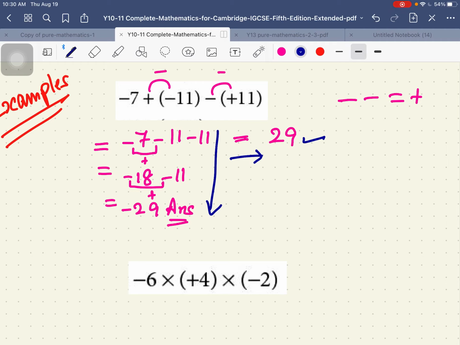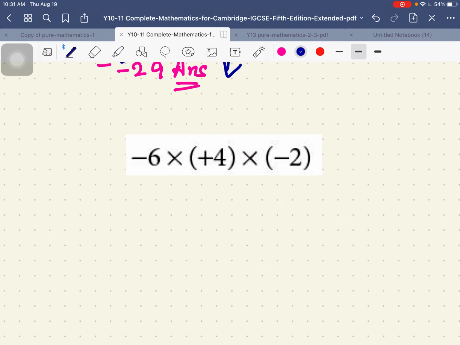Now we applied the rule here, negative is positive, but we stick with the greatest number. So the sign of the greater number comes with the answer. Like here, minus 11 was greater, it is minus 18. Here minus 18 is greater, it is minus 29. But we added them because minus minus is plus.